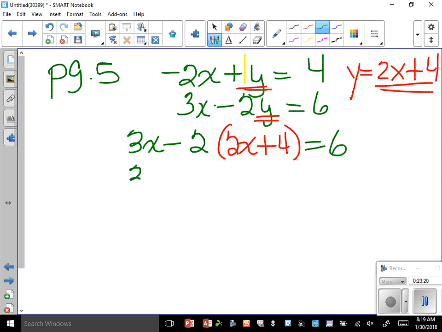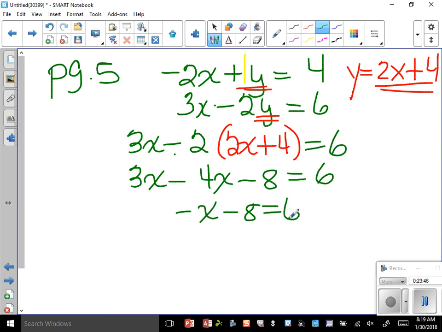So 3x, distribute this negative 2. That'll be minus 4x. And then a negative 2 times 4 would be a minus 8, because you're distributing a negative 2 to the 4, equals 6. So what is 3x minus 4x? Negative 1x. All right, so negative 1x minus 8 equals 6.